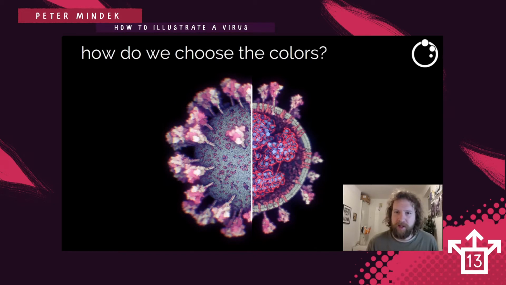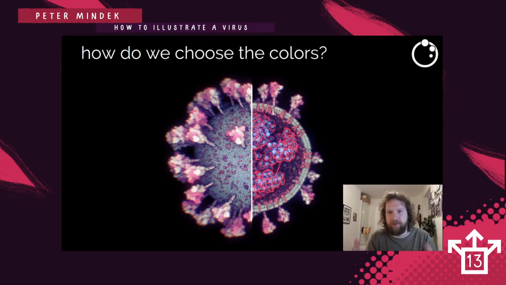But it also does contain RNA, which is this genetic information that causes the virus to be replicated inside of a cell. And so this genetic information is arguably the most living part of the virus, and that's why we showed it in bright red as an active thing.